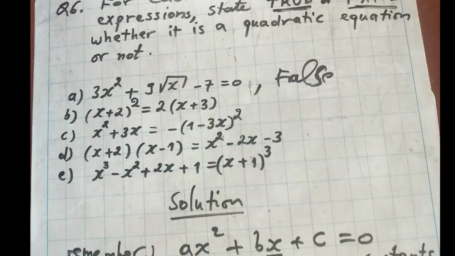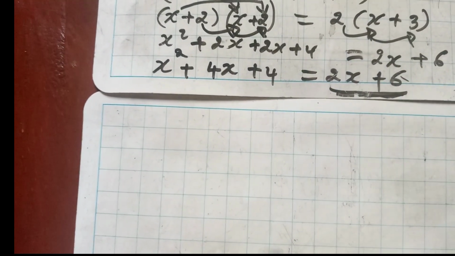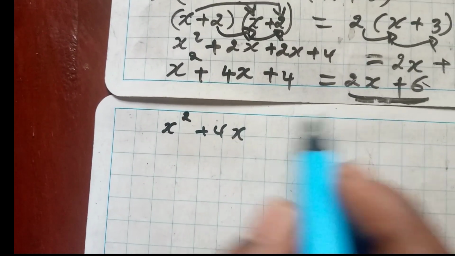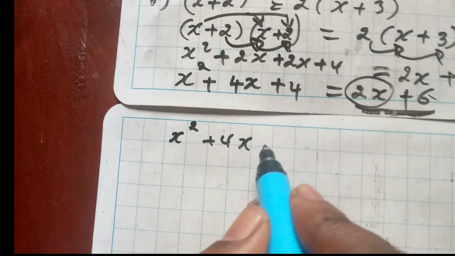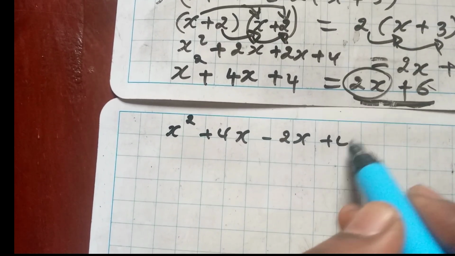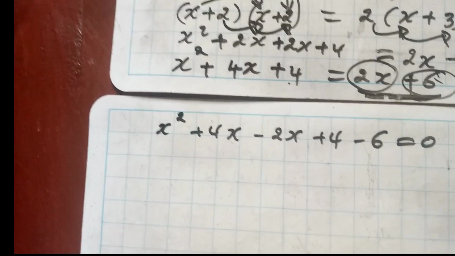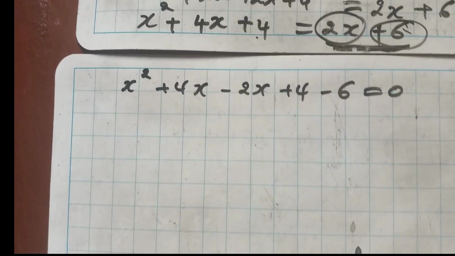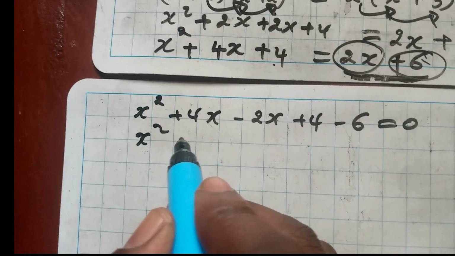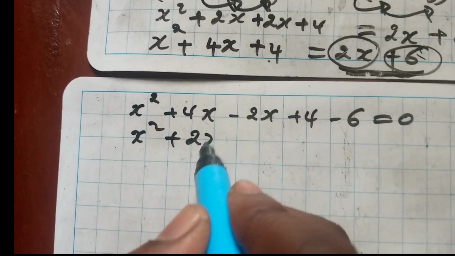Right. By changing the side of those two terms here, you have x squared plus 4x, then minus this 2x, then plus this 4, then minus this 6. Now it is equal to 0. Then here we have x squared plus 4x minus 2x is equal to plus 2x.